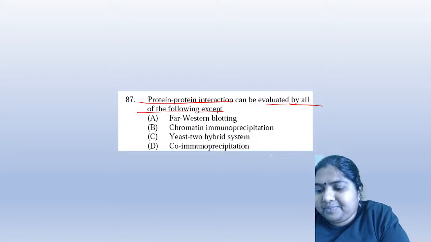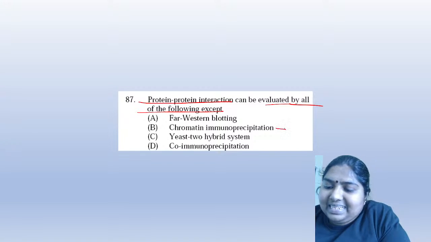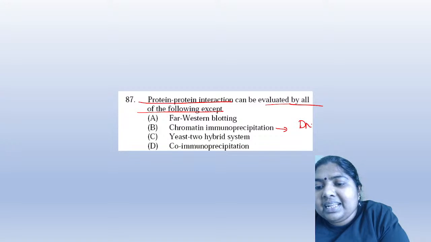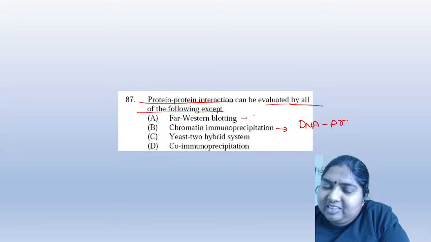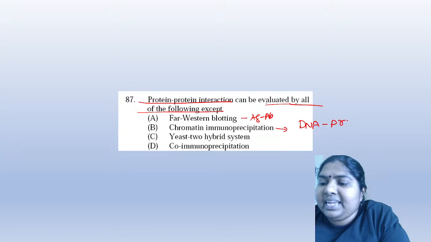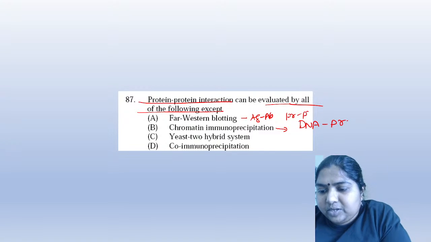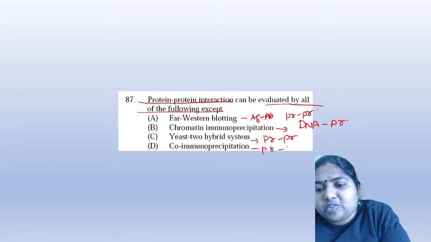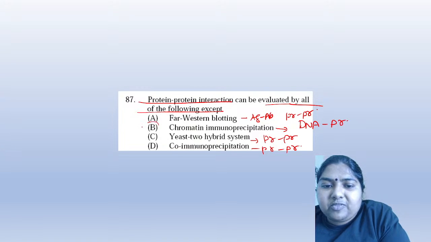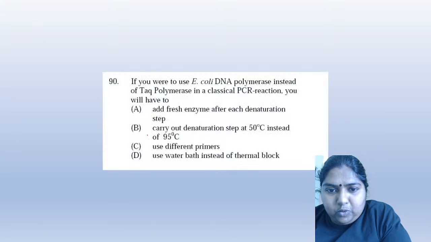So chromatin immunoprecipitation is meant for your DNA-protein interaction. Western blotting is between your antigen and antibody, so that is going to be your protein-protein interaction. And yeast two-hybrid is also protein-protein interaction. Co-immunoprecipitation is also protein-protein interaction. But this one is the only exception.